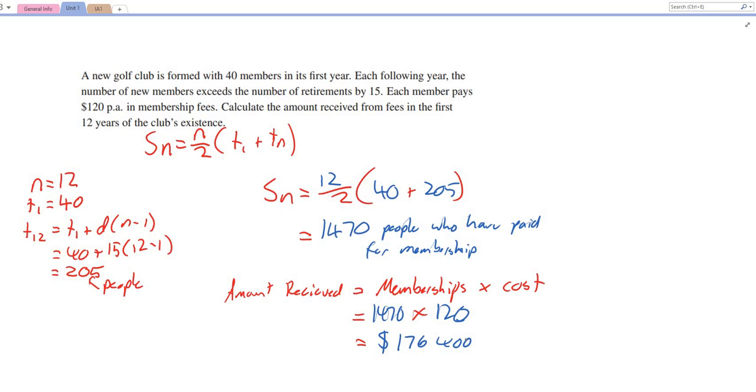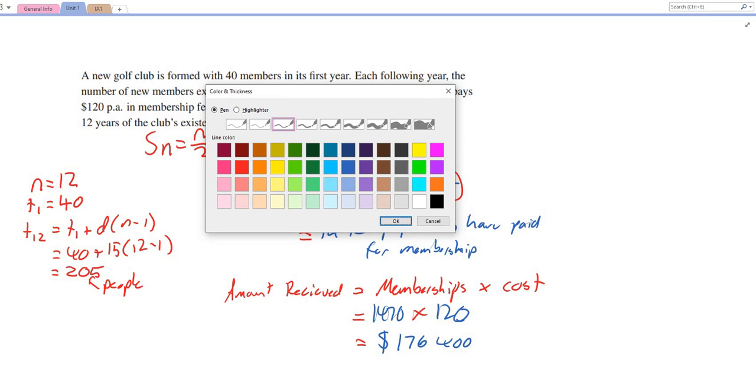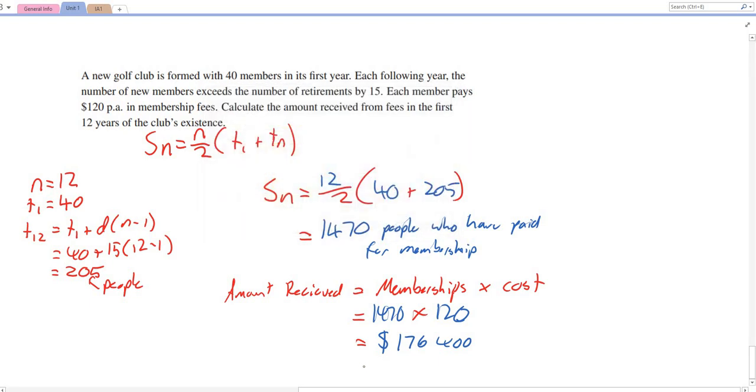Color code the answer? Oh, goodness. What would you like the answer color to be? We're already using green for working out. Yellow might be hard to see. Can you guys see that?